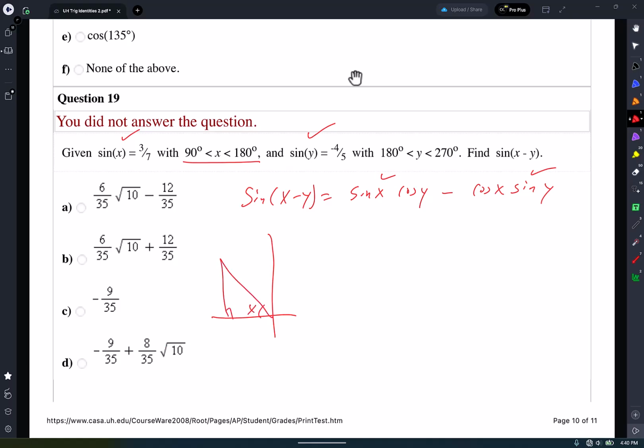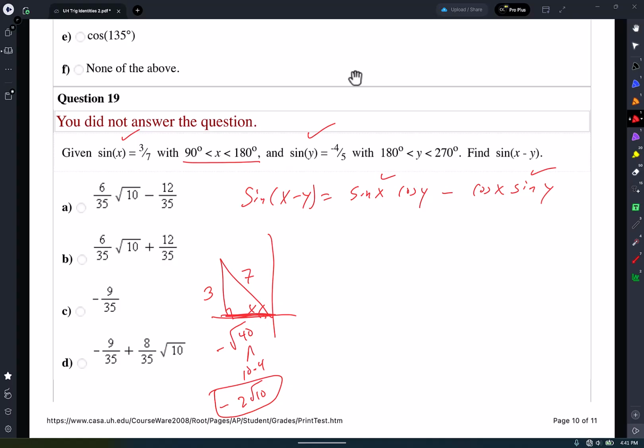Here's angle x. Opposite, 3. Hypotenuse 7. 7 squared is 49. 3 squared is 9. So this is the square root of 40. Negative. And this is 10 times 4. So negative 2 square root of 10. That's what this leg is. Negative 2 square root of 10.